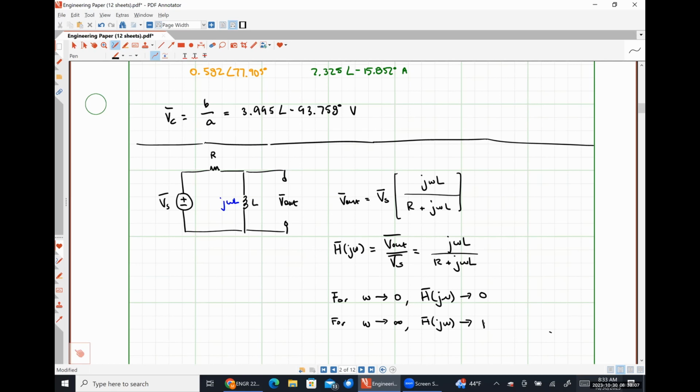And the reason that it works this way is because we're taking the voltage drop across an inductor, right? So we know fundamentally that at a DC circuit, an inductor looks like what? A short circuit. And the voltage drop across the short circuit is 0. What does the inductor look like at very high frequencies?